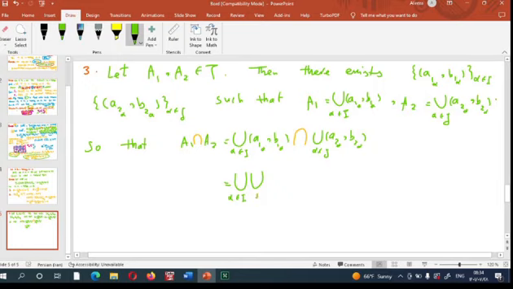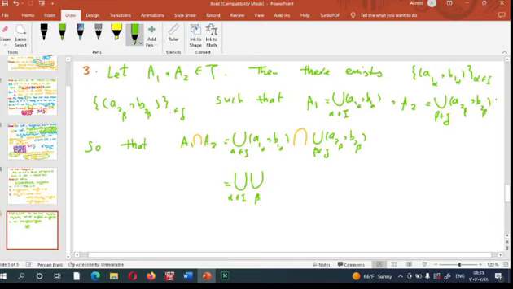We can write this as beta, and all of this change to beta or any index, okay?